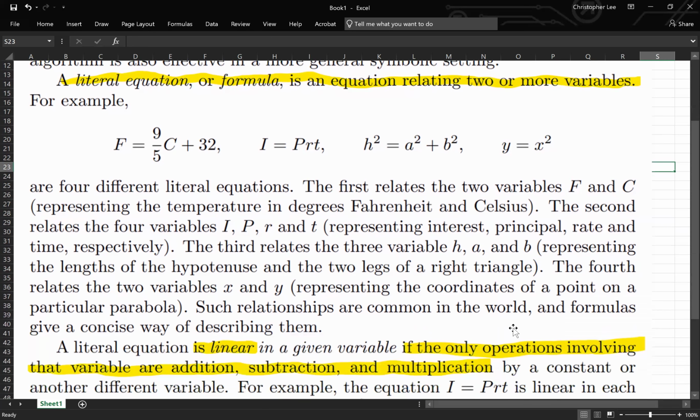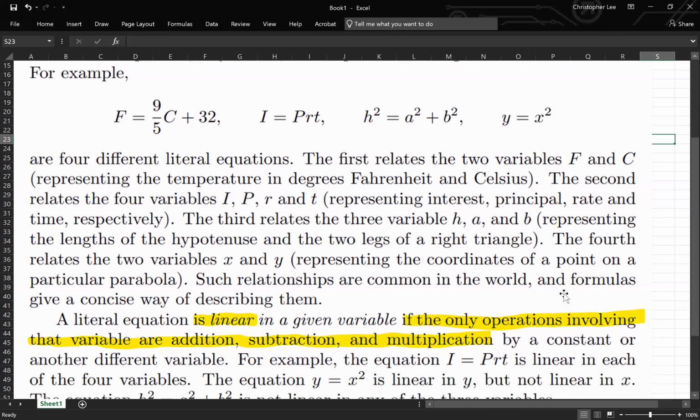A literal equation is linear in a given variable if the only operations involving that variable are addition, subtraction, and multiplication by a constant or another different variable. For example, the equation I equals PRT is linear in each of the four variables.